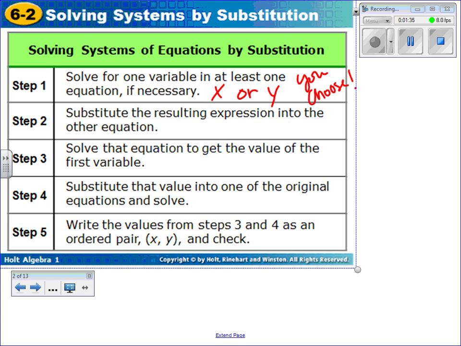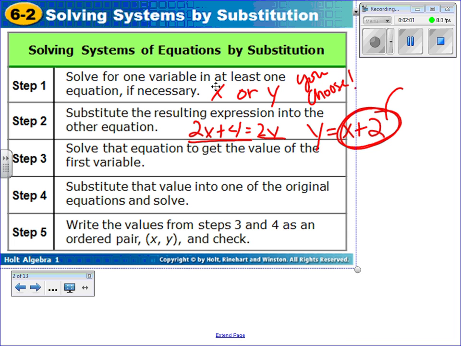The second step is to substitute the resulting expression into the other equation. An example would be if I solve 2x plus 4 equals 2y, I get that y is equal to x plus 2. I could take this x plus 2 and put it in for y in a different equation.